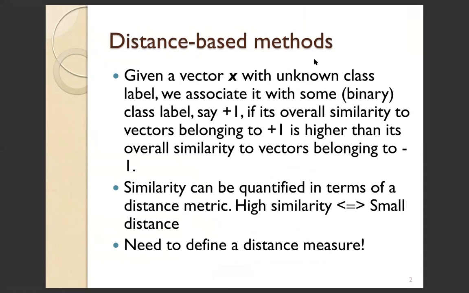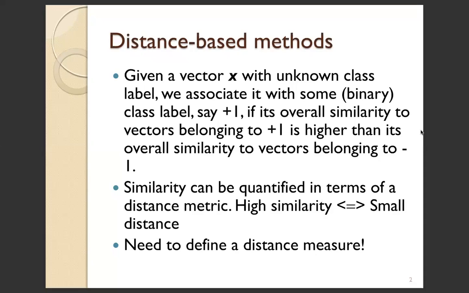You decide whether a test sample belongs to a particular class depending on the sample that's nearest to it. So if the nearest sample to your test sample is a plus, then you might just classify it as a plus. And of course, that's why this is called nearest neighbor.